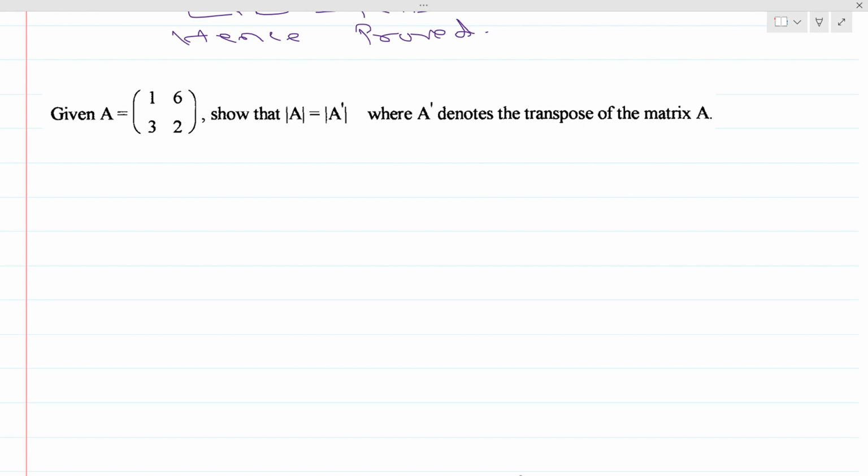So as we have A is equal to [1 2; 3 6], its transpose A dash will be [1 3; 2 6].